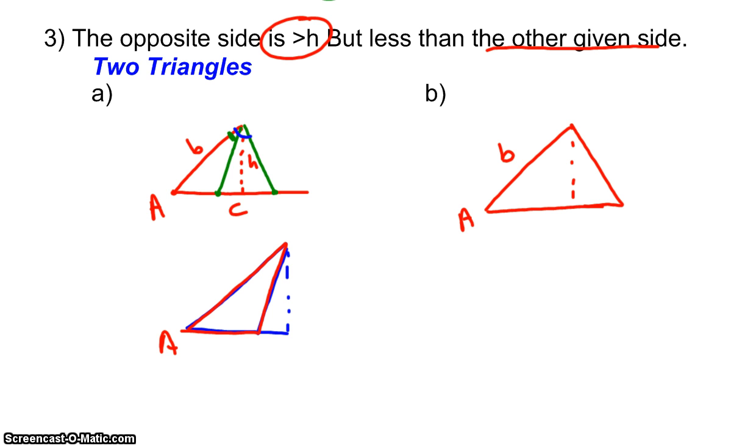So what that tells us then is we have two possible triangles. Simply if we swung this arc out, so if I started there and actually swung this out, it would make a little bit of an arc and then retouch back here. You can see that we'll get two triangles.